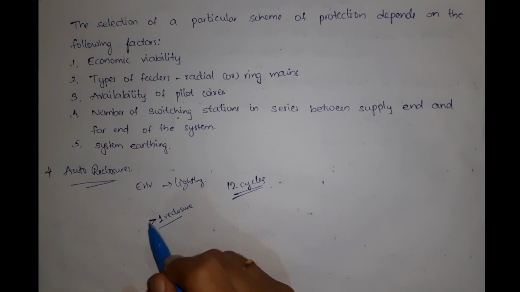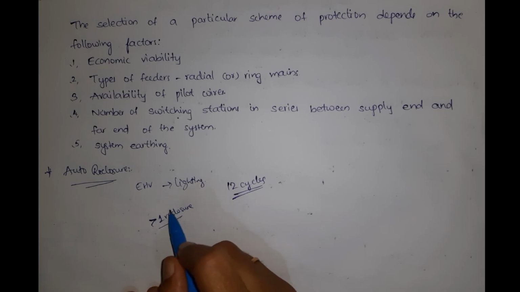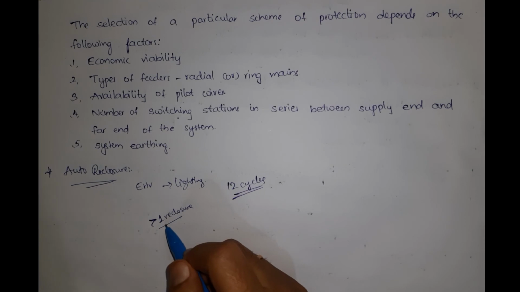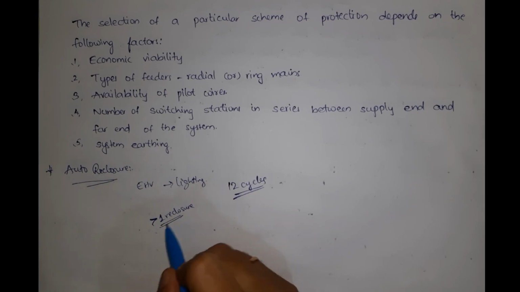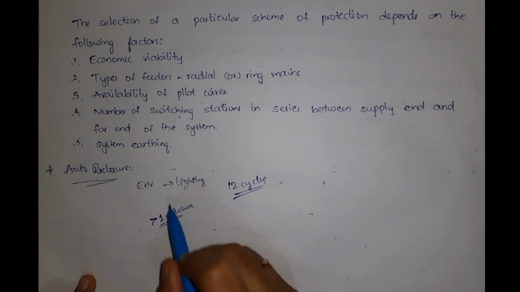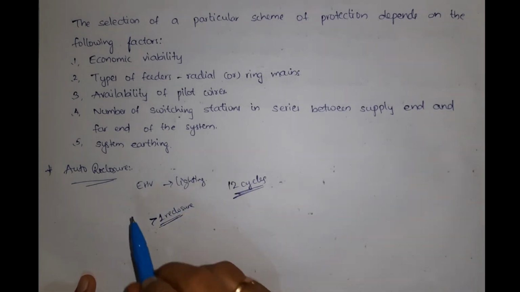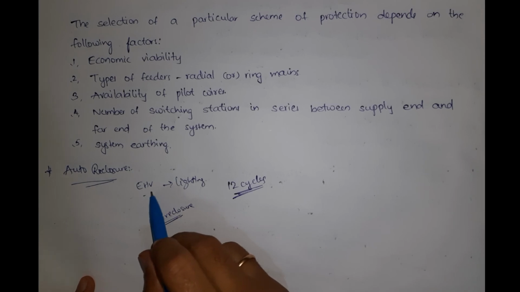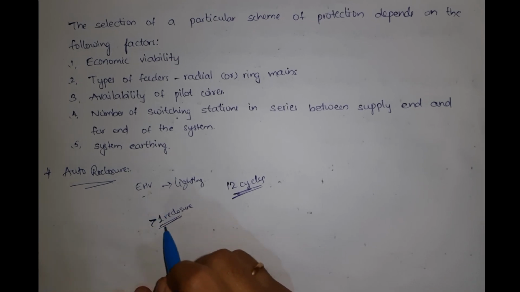But if it takes more than one reclosure, it affects the stability of the system, because there is an imbalance in the currents due to continuous circuit breaker opening and closing. So more than one reclosure is generally not allowed for the protective system. But it needs 12 cycles for reclosure of EHV lines, which affects stability.